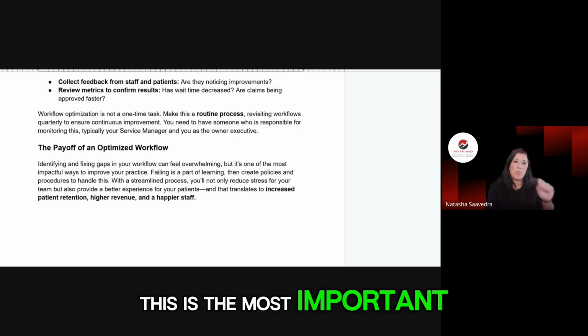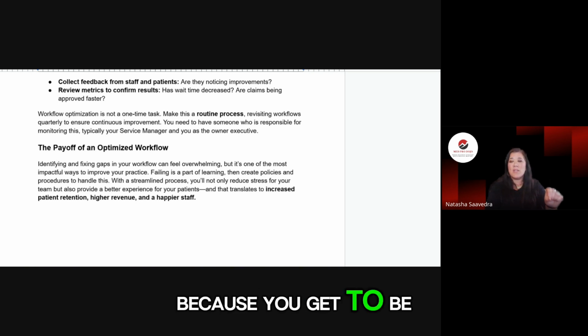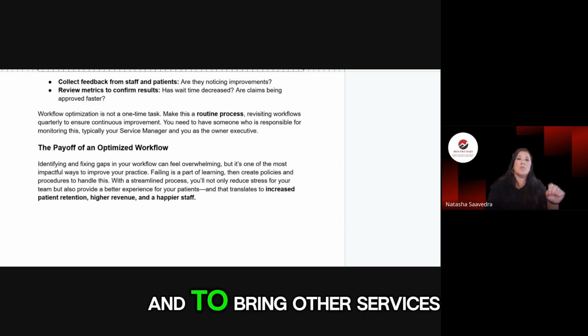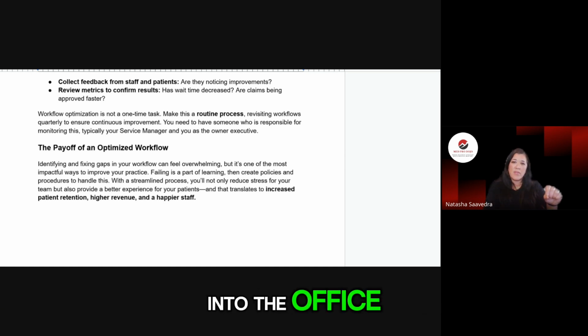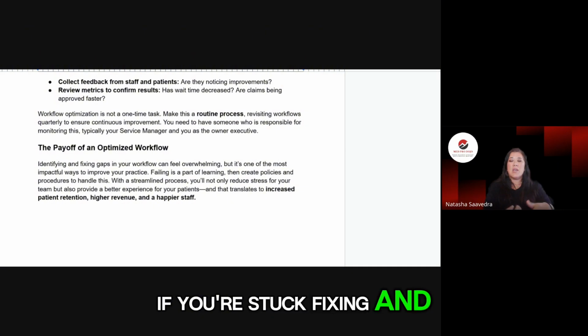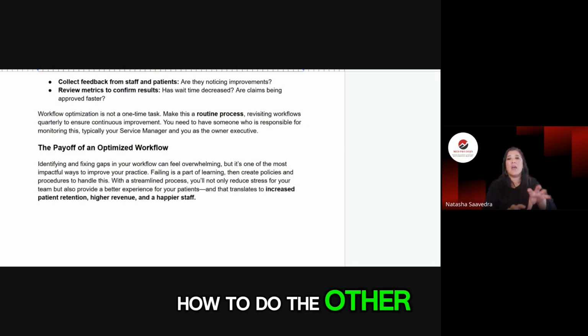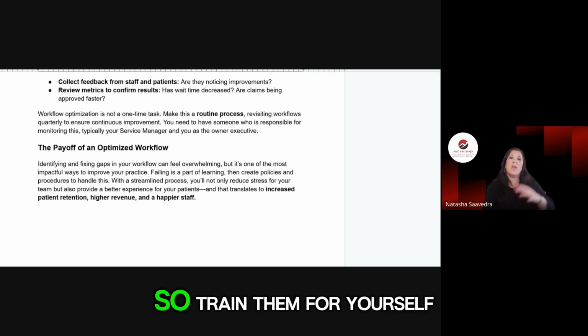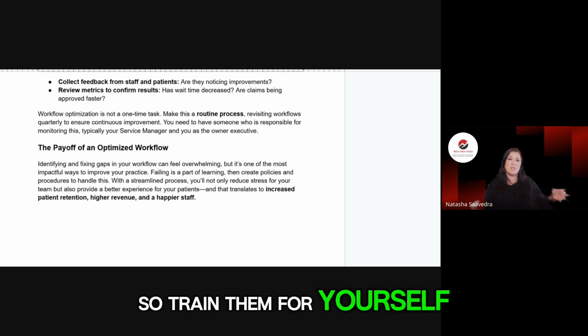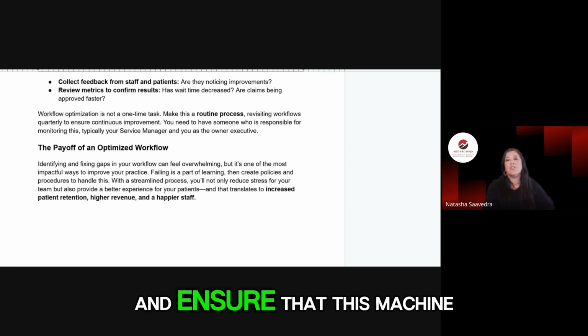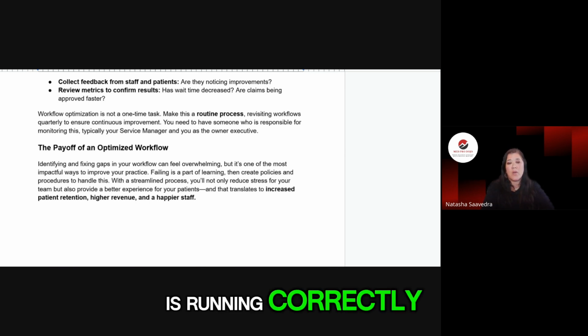This is the most important thing for you because you get to be the visionary and to bring other services into the office. If you're stuck fixing and repairing, it's hard to teach everybody else how to do the other things that are needed. So train them, free yourself up so you can watch and ensure that this machine is running correctly.